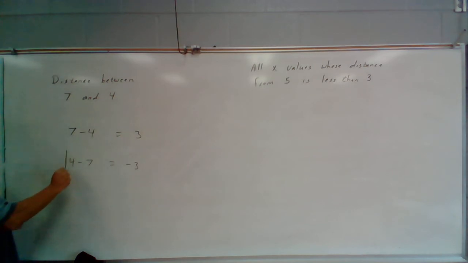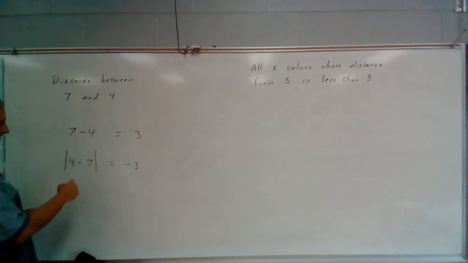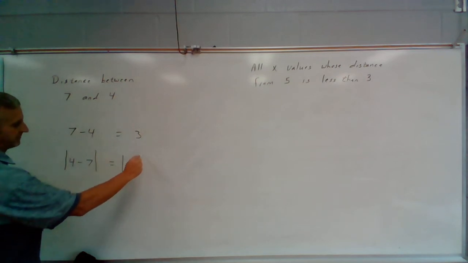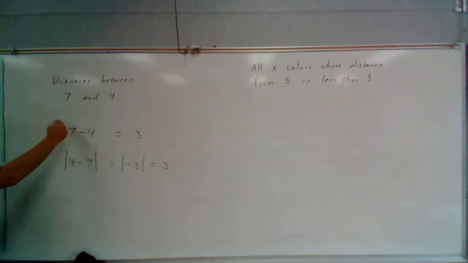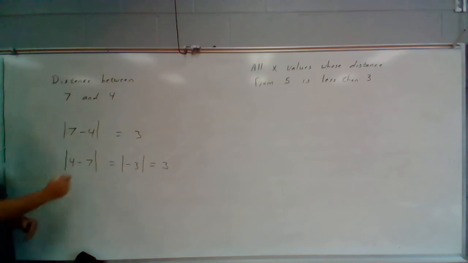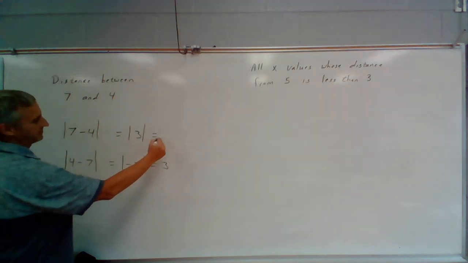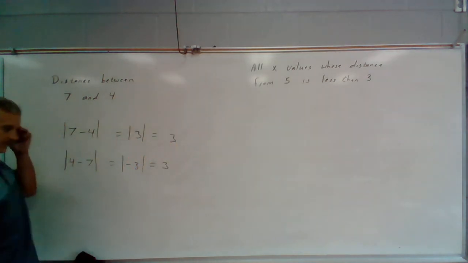So what we would say is the absolute value of 4 minus 7, which would give us absolute value of negative 3, which would give us a distance of 3. Up here, if we just said the absolute value of 7 minus 4, it wouldn't change anything, because that would just be the absolute value of 3, which would be 3.